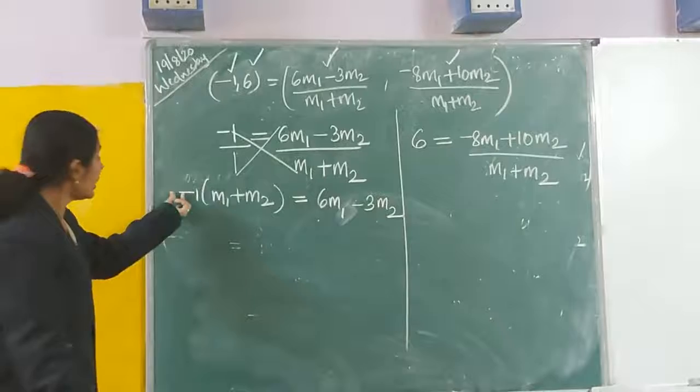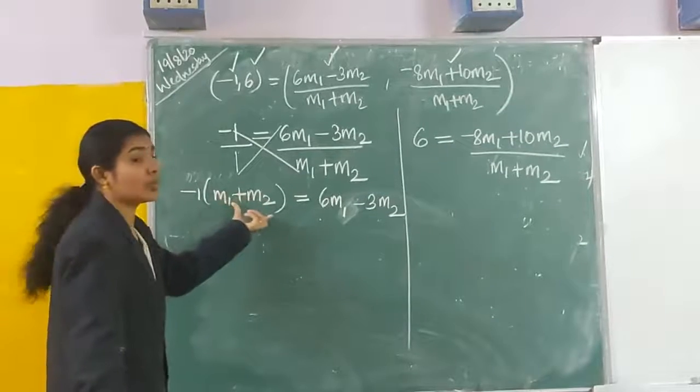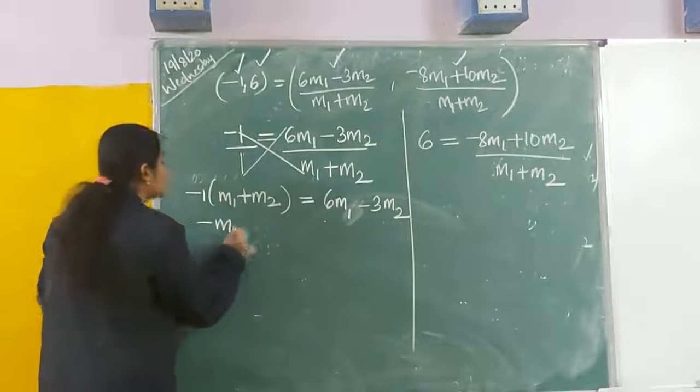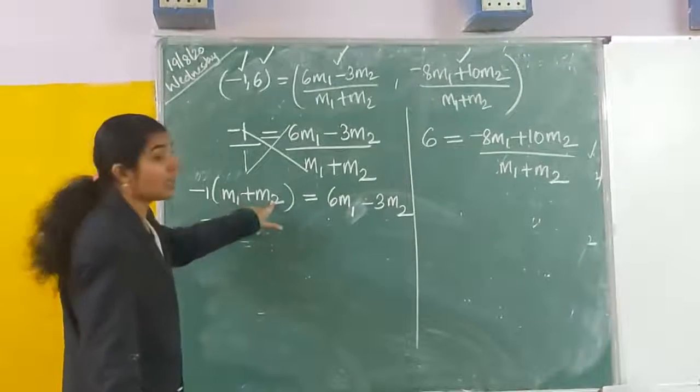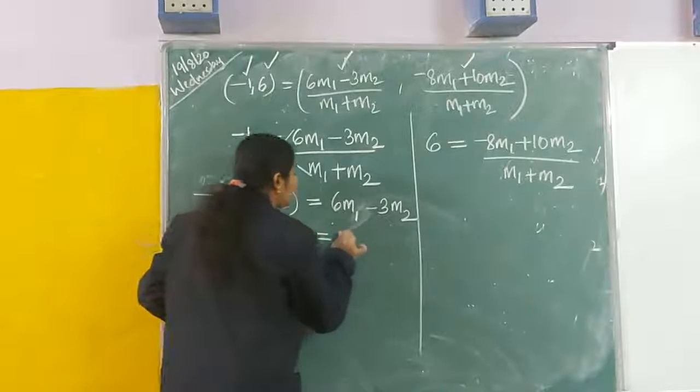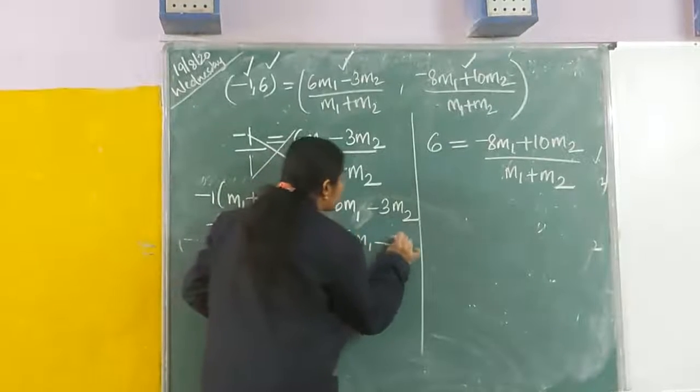Minus 1 multiplied by m1 is minus m1, minus 1 into m2 is minus m2, equal to 6m1 minus 3m2.